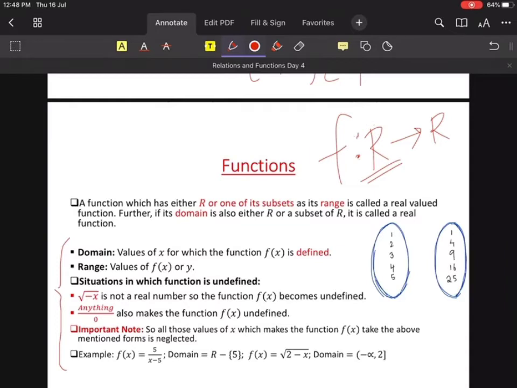It's my note to make you understand. Now read domain. What does domain mean? The actual definition of domain is values of x for which the function f(x) is defined. I will explain it to you. Just listen to this carefully. Values of x for which the function f(x) is defined.